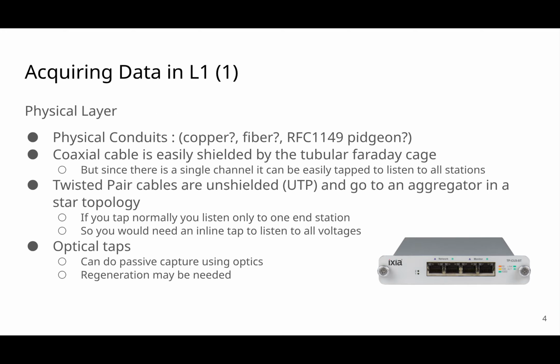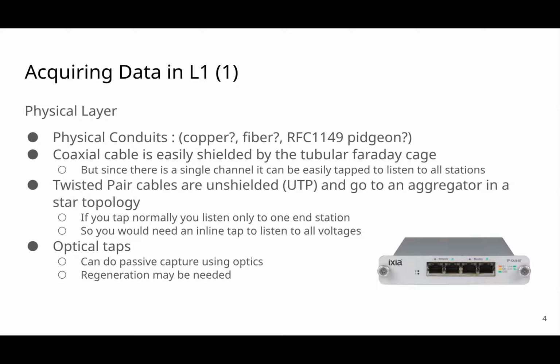So when we want to acquire data in the physical layer, as we say here, we have different conduits, right? A coaxial cable, you might have seen them, I guess these days mostly in TV antennas, is where you would normally see a coaxial cable, or if you're a ham radio enthusiast, you might also see a coaxial cable there. And this is a center conductor that around it has a shield, another metal layer that shields it from interference.